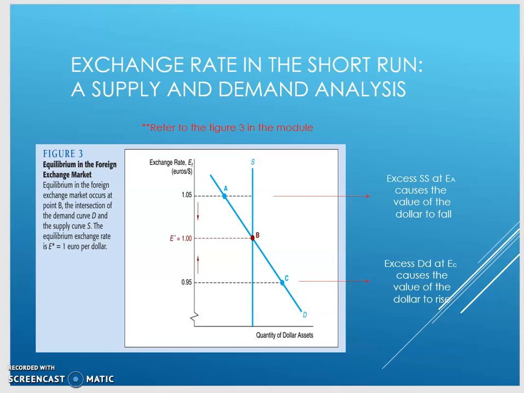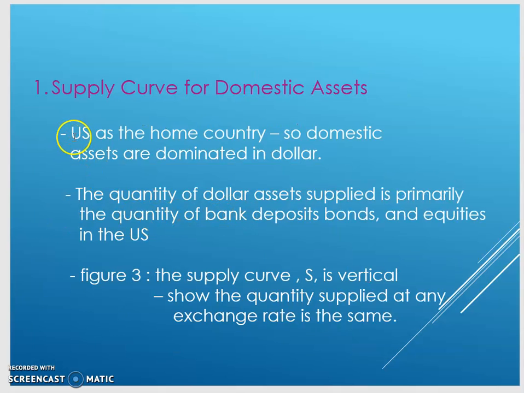So the explanation is the supply curve for domestic assets. The US is the home country, so domestic assets are denominated in dollars. The quantity of dollar assets supplied is primarily the quantity of bank deposits, bonds and equities in the US. Figure 3 shows the supply curve as vertical, showing the quantity supplied at any exchange rate is the same.